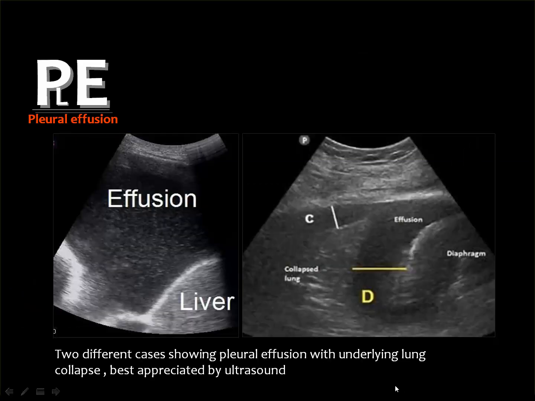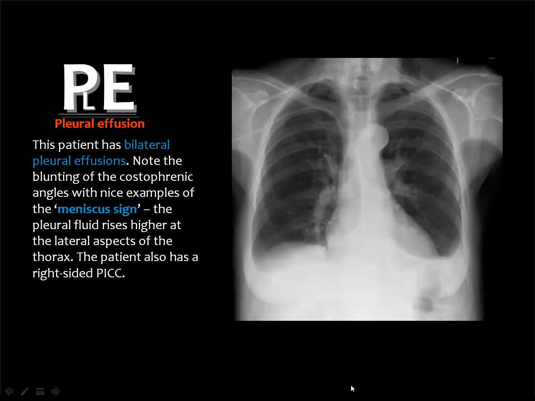But ultrasound is an excellent modality for detection of minimal pleural effusion and to assess the presence of secondary infection, like the development of empyema, and the assessment of the development of fibrinous septations within the effusion. Ultrasound is a remarkable imaging modality for these particular indications.